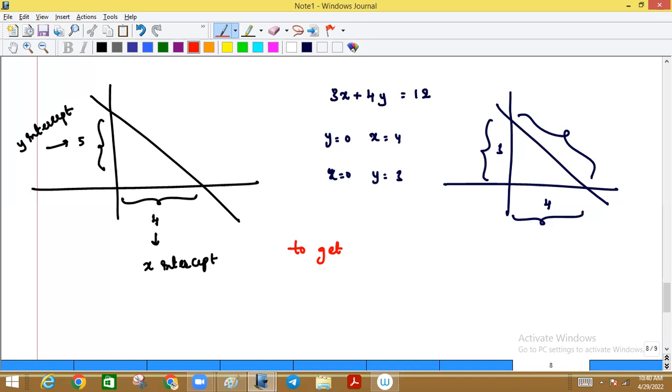Same is the case with y-intercept: to get y-intercept, put x is equal to 0 in the given equation.